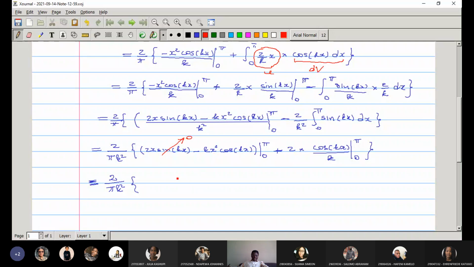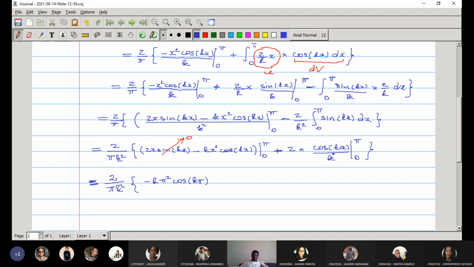You see, we get negative k pi squared cosine k pi for this. Now minus, this will be 0. Now when x is 0, it will cancel out that term, right? When x is 0, this entire term will be 0. So this is the only contribution for this expression.